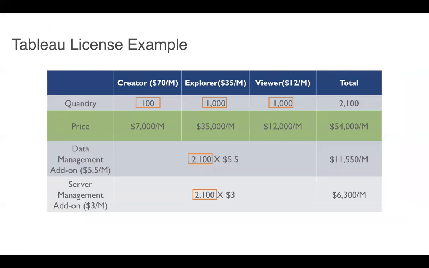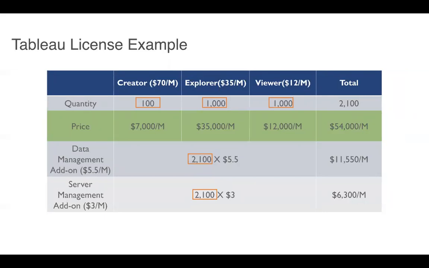Next slide. This slide tries to show you an example of how the pricing works with the subscriptions. Let's say you have 100 creators, so many explorers, so many viewers. The key point I want to show you is that any add-ons you cannot buy partially. That means you cannot buy, for example, 1,000 add-ons only for those 1,000 users. Unfortunately, that's not how it works today.